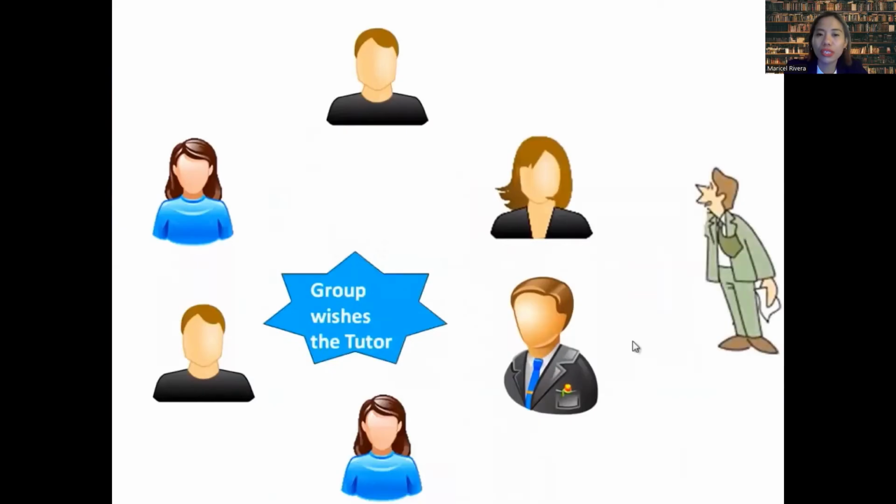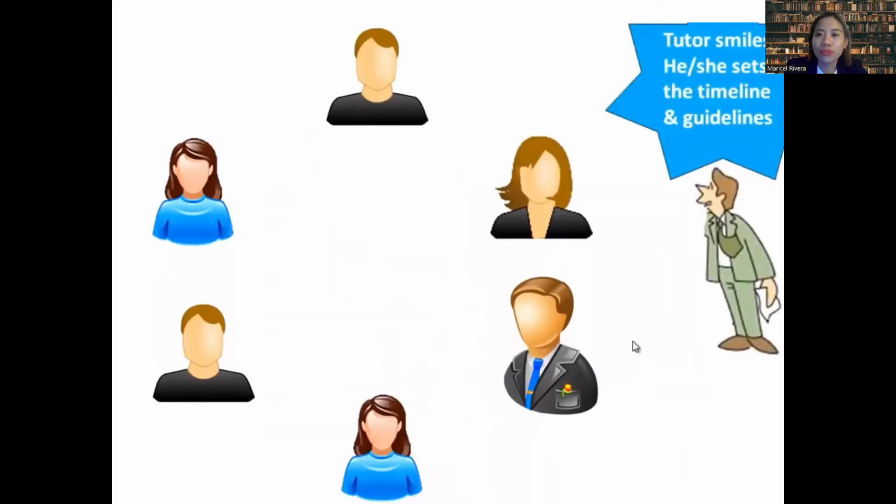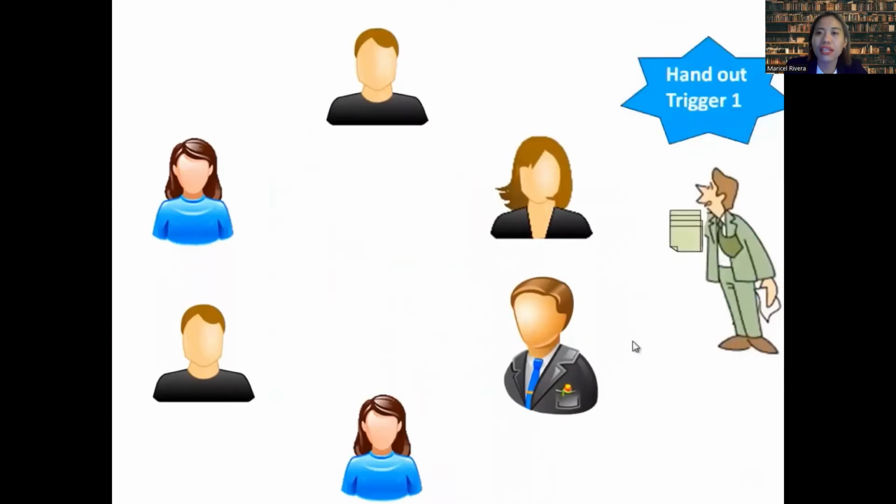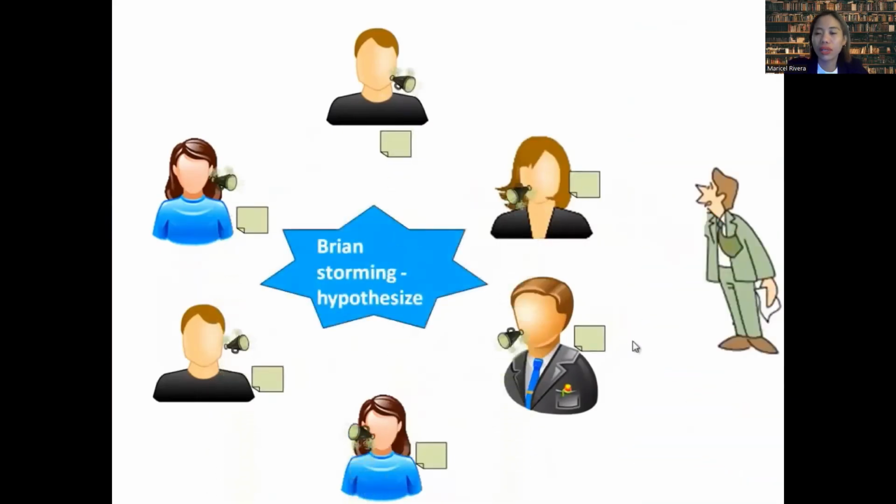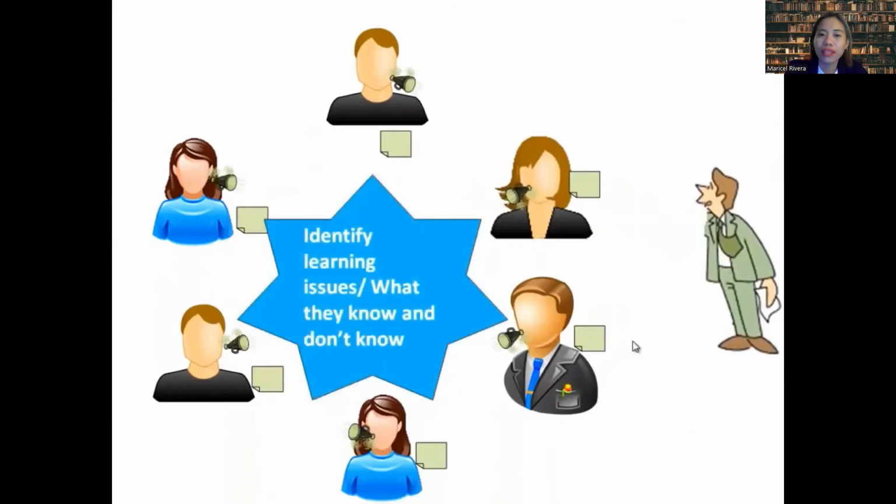The group greets the tutor, and then the tutor smiles. He or she sets the timeline and guidelines, and hands out trigger 1. Okay, they brainstorm and they hypothesize. They identify the learning issues, what they know and don't know.